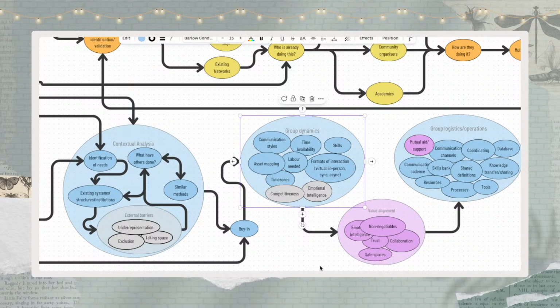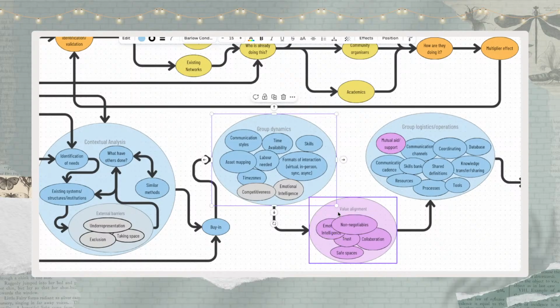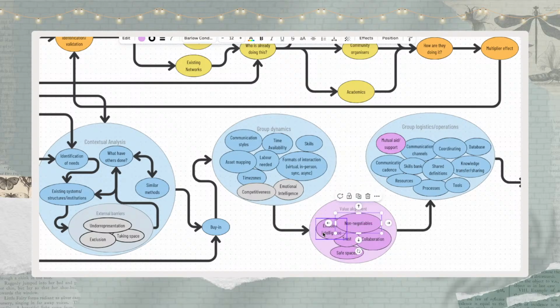And as you're building this group and understanding these dynamics, I think a portion of value alignment needs to come into it, where not only do you understand the realities of how people operate, but also what values you're all operating under. We have emotional intelligence under values too.